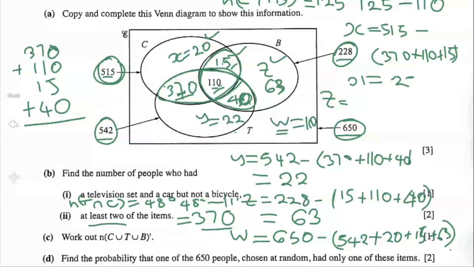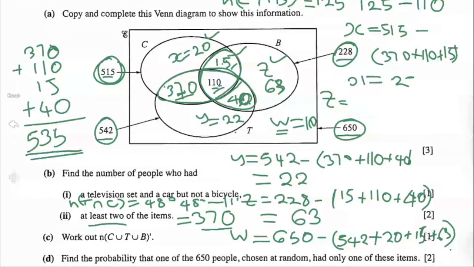So adding this, 370 plus 110 plus 15 plus 40, you'll get 535. So that's the answer there, 535, those with at least two items.